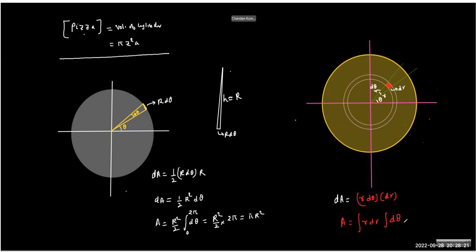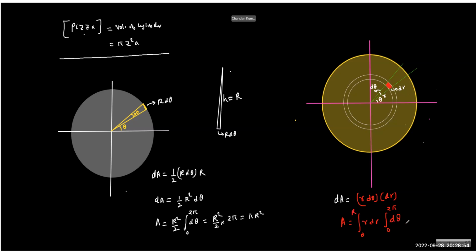So we write two separate integrations, one for d theta and another for dr. To cover the entire disk, theta must vary from where to where? 0 to 2 pi. Very good. And r? 0 to capital R. Very good.